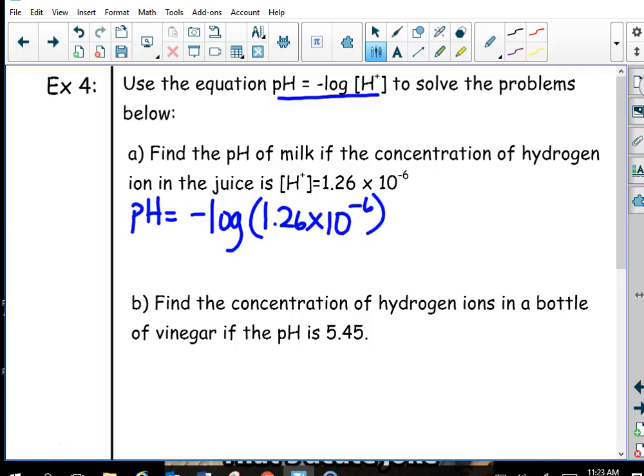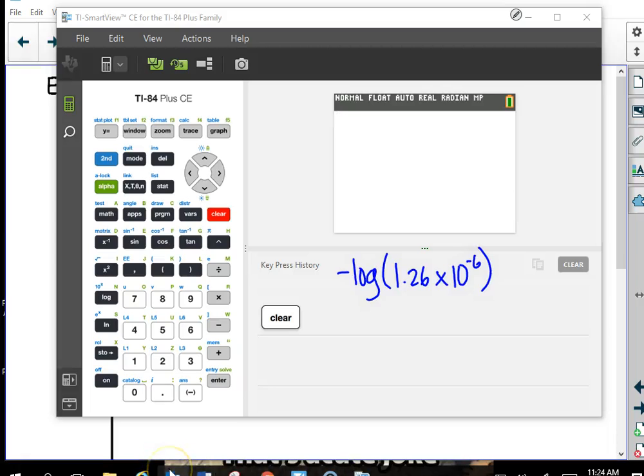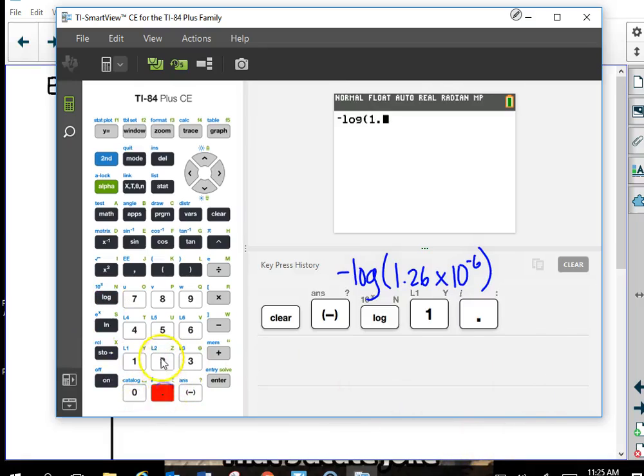This was just a straightforward calculation, but I want you to see what this looks like on the calculator. So I'm going to pause the video and get my calculator going. Okay, I've got the calculator going, and the number I need to enter is below. So I'm going to walk you through this. We use that small negative and common log. And inside that log, we're going to put 1.26.